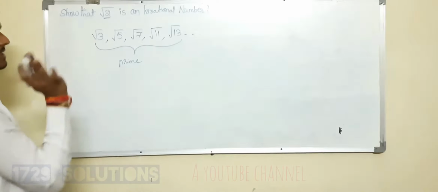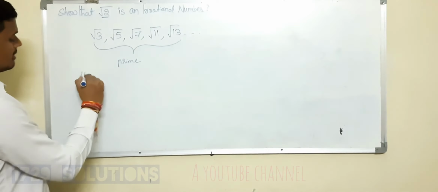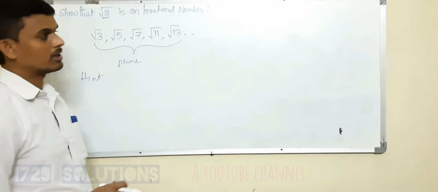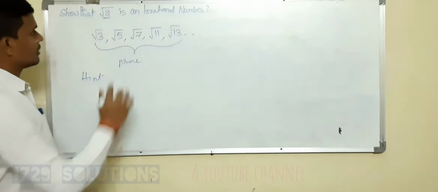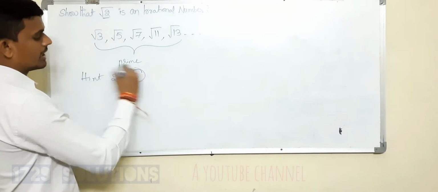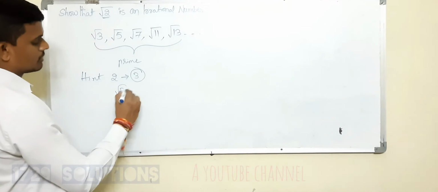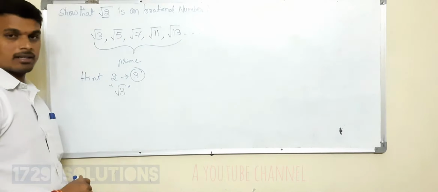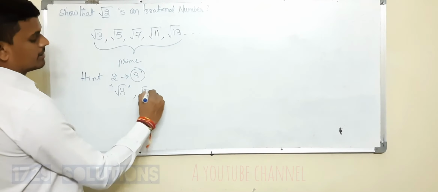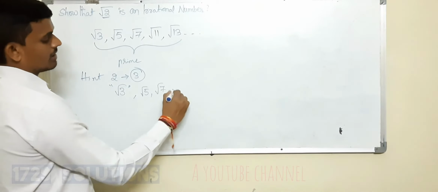Just a small hint: in the previous answer I explained root 2 is an irrational number. In that problem, if you put 3 instead of 2, you can easily show that root 3 is an irrational number. Same for root 5, root 7 and root 11.